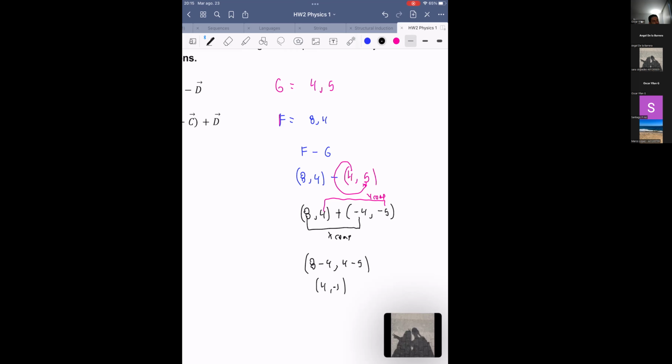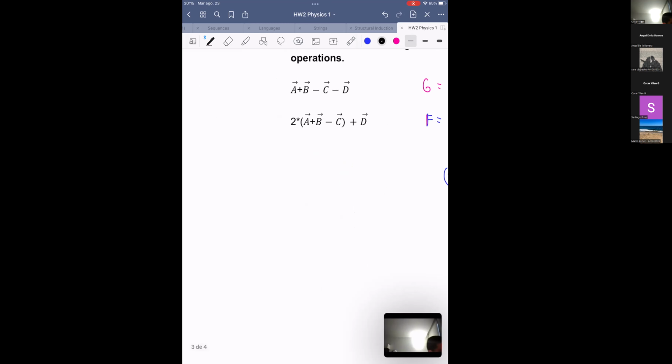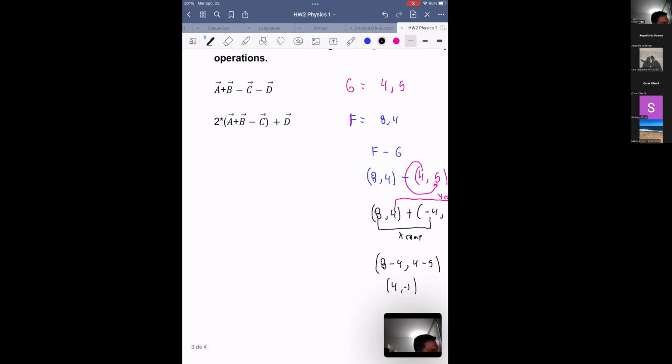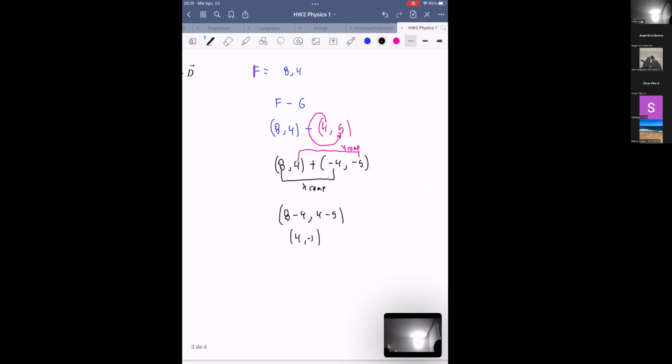In that case, I don't have to change it to degrees or anything, just like that? Yeah, like that, yes. Remember, always get the components first, and then you start doing the operations. For example, if you also have multiply by 2, it will be kind of the same.